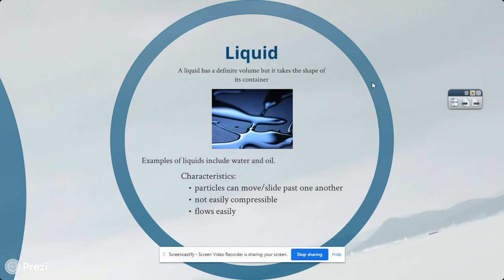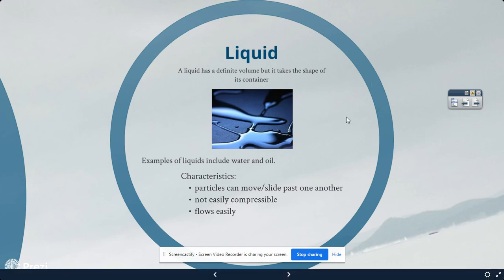We can measure it all different ways, but it will always just take the shape of its container. Some examples of liquids are water and oil. There's several other examples of liquids I'm sure that you can come up with. Some characteristics: particles can move and slide past one another. That's really important when we're pouring something from one cup to another, right? It's not easily compressed. It flows pretty easily.